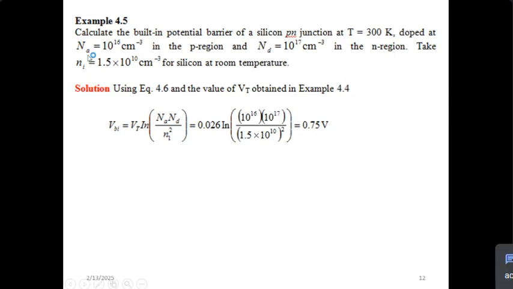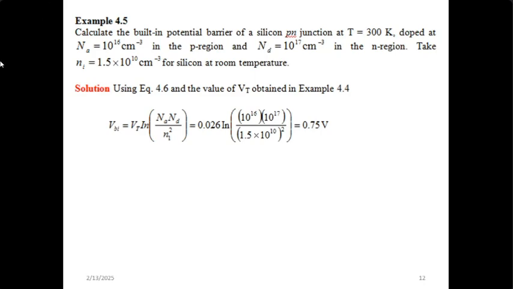Now we have been talking about this. Na is what we call acceptor concentration. So you are given the acceptor concentration, and that's where we get the holes in the region. The acceptor concentration is 10 raised to power 16 per centimeter cubed.